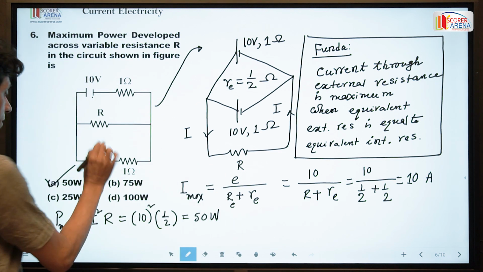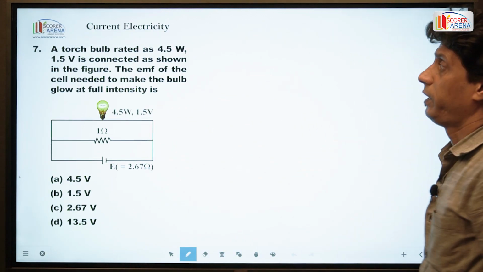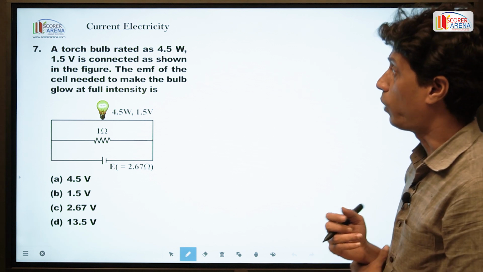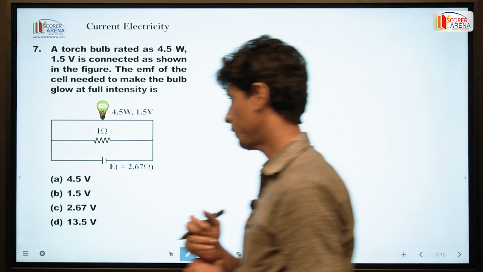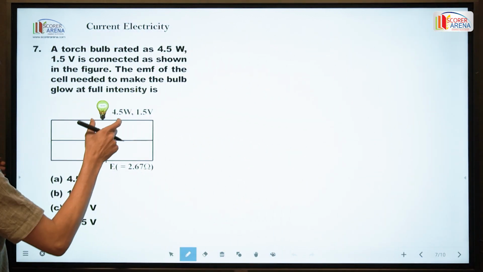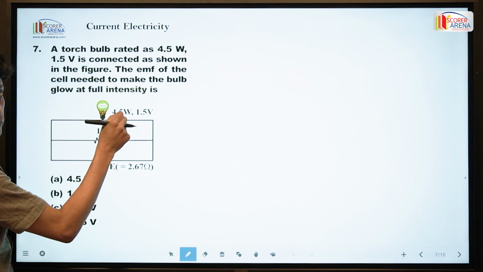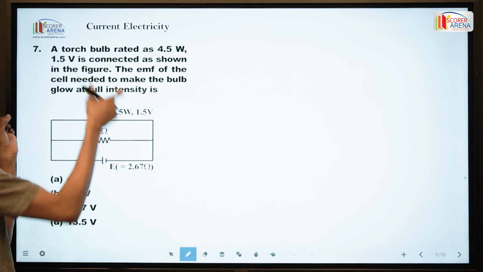A torch bulb rated 4.5 watt, 1.5 volt is connected as shown in the figure. This is an electric bulb of 4.5 watt having a potential difference across it of 1.5 volt.